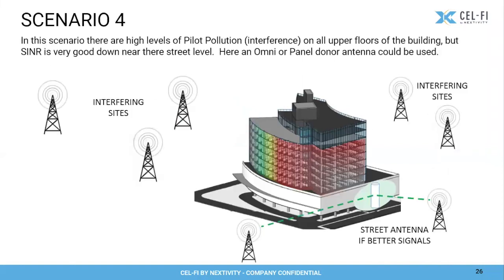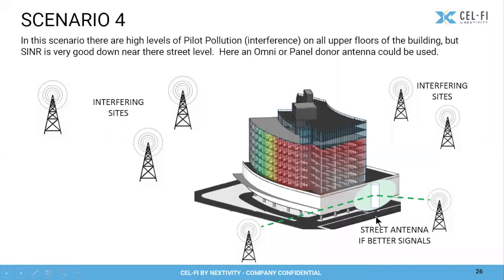Now, in this case, there just wasn't any decent donor signal up on the roof. Heavy pilot pollution coming from all directions. What do you do? A lot of times you'll see this in a downtown of a city. You might find that there are serving cell sites down at the street level for pedestrians, and those are fine, right? They're actually well shielded from all of that pilot pollution that exists at the higher elevation.